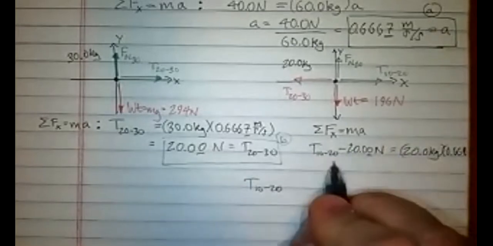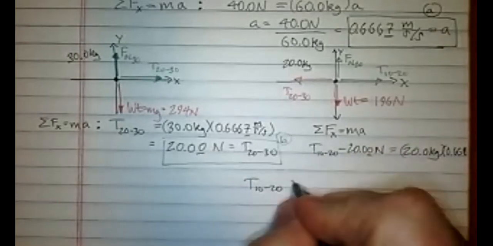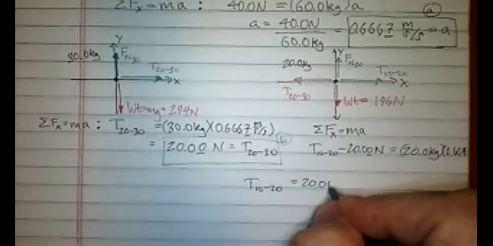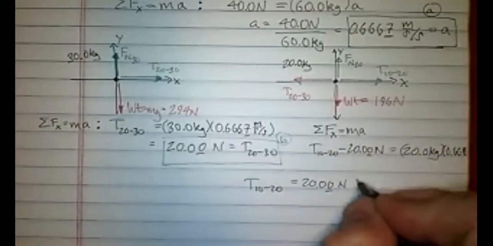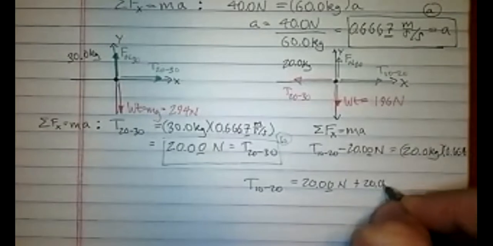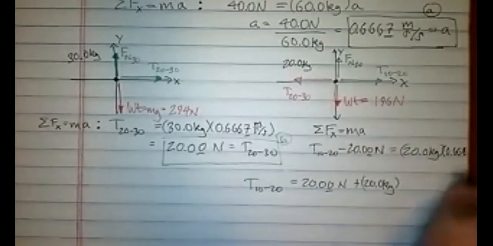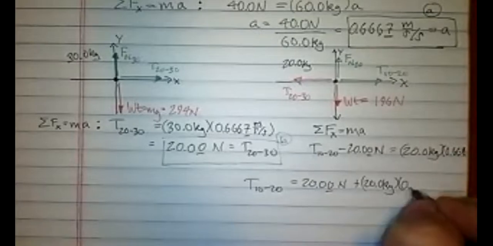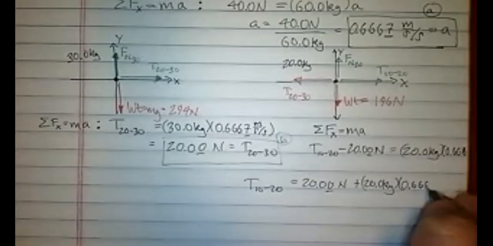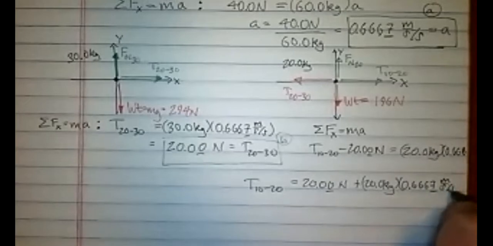I know I didn't fit in the units there, so I'm going to come down here and write: T10-20 is equal to, if I add 20 to both sides, 20.00 newtons plus 20.0 kilograms, and here's where I can show you what turned out to be too tight to fit in there, times 0.6667 meters per second every second.